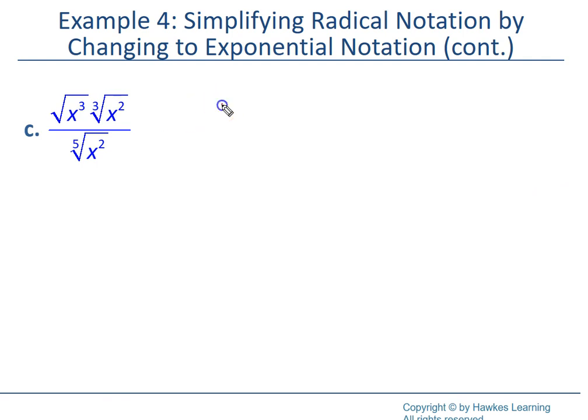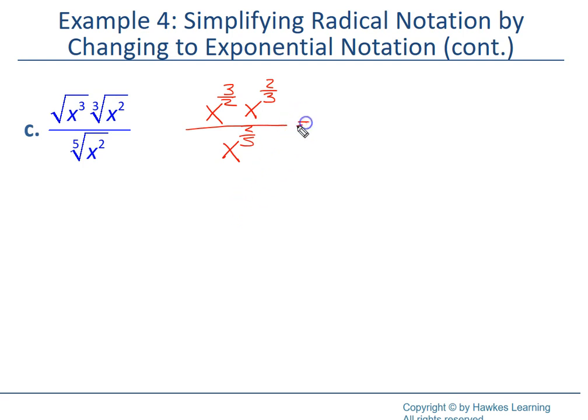So this is going to be x to the 3/2, converting this. This is going to be x to the 2/3, putting this in its fractional exponential form, and this is divided by x to the 2/5.